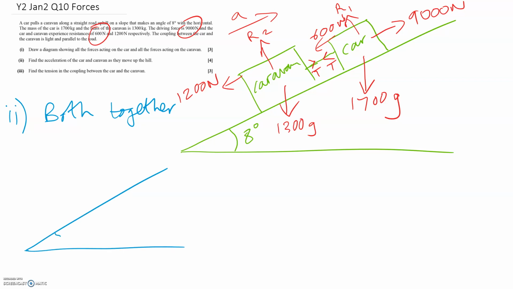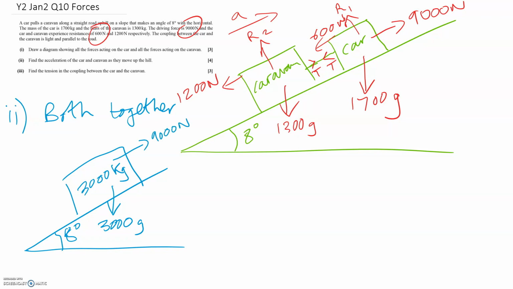I probably don't have to do another sketch, but if we consider them both together, they'll have a total mass of 3,000 kilograms. So that's a weight of 3,000 G. The driving force is still 9,000 newtons. The total resistive forces would be 1,800 newtons, and that would be R1 plus R2.